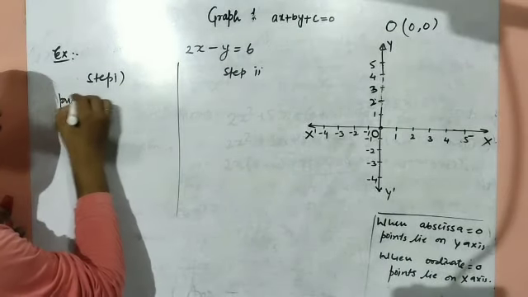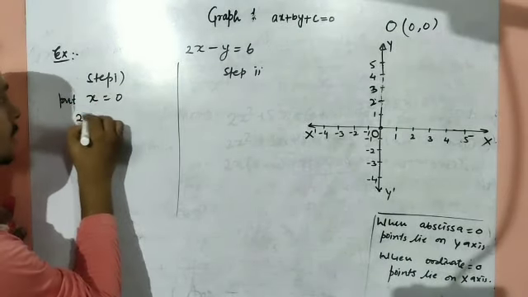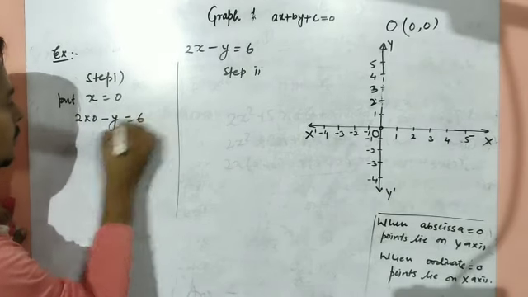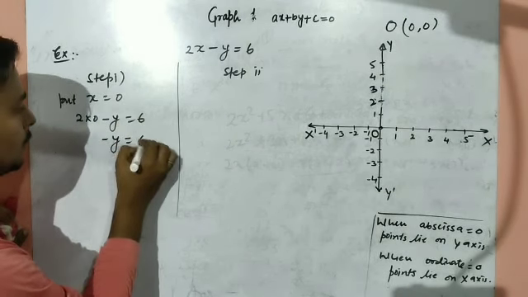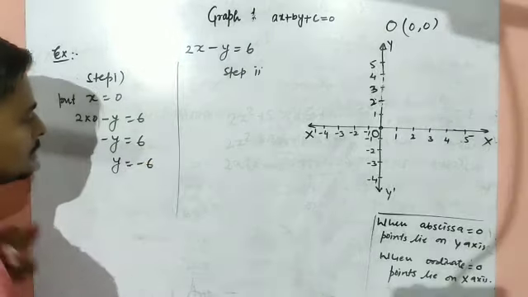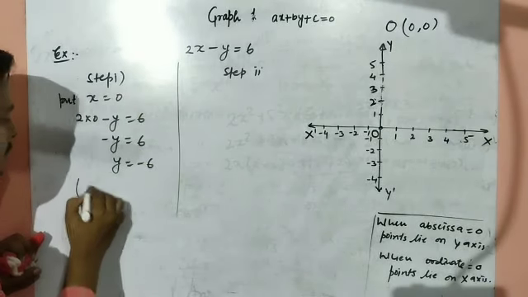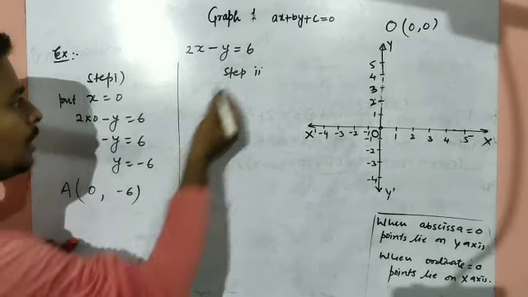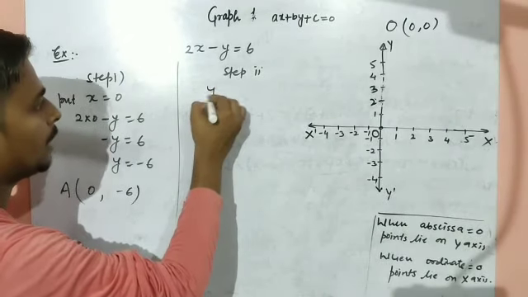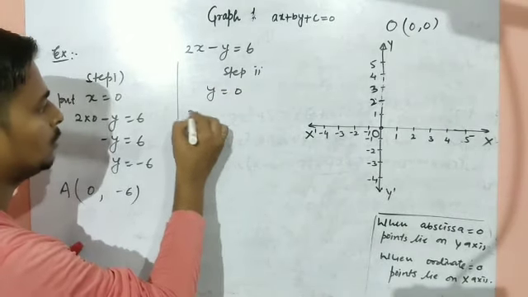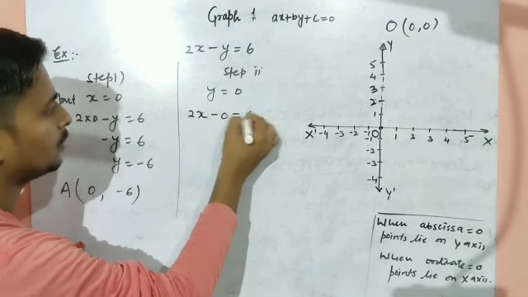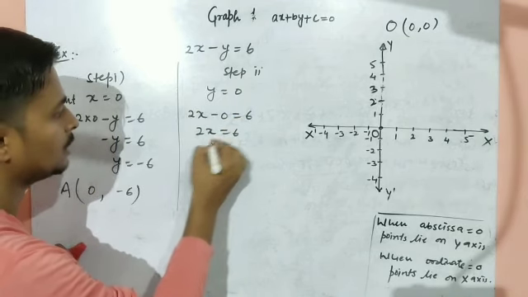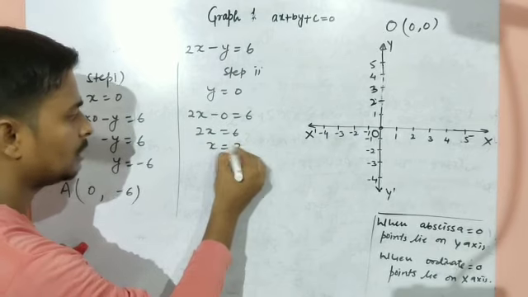Put x is equal to 0 means 2 times 0 minus y is equal to 6, minus y is equal to 6, y is equal to minus 6. So the coordinate is x is 0 and y is minus 6. Suppose this is A. Step 2, y is equal to 0 means 2x minus 0 is equal to 6, 2x is equal to 6, x is equal to 3.